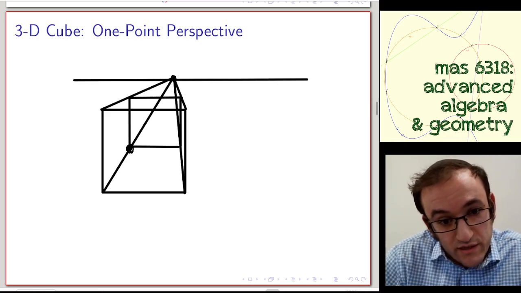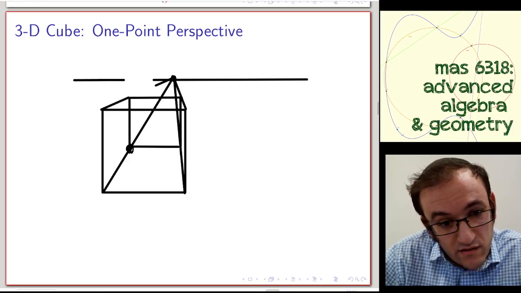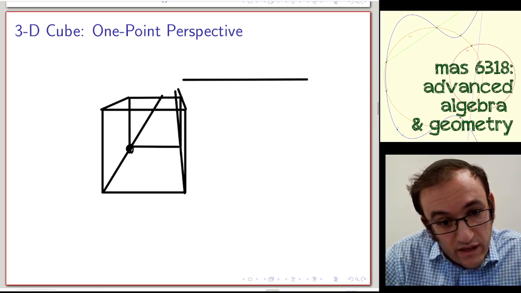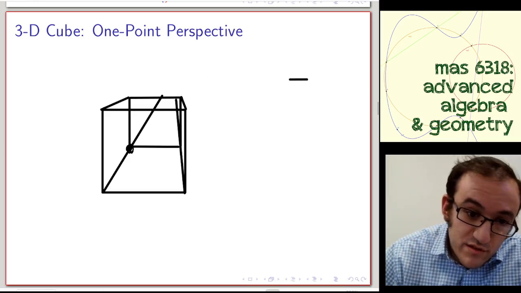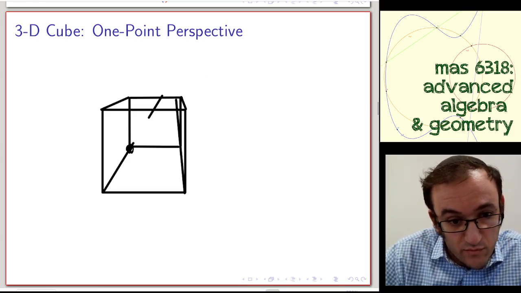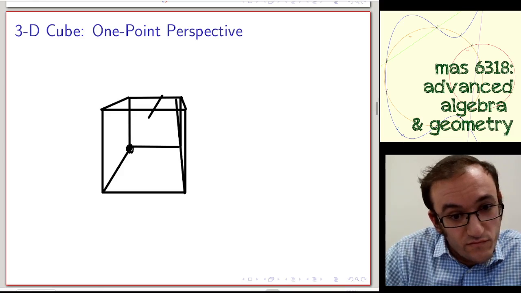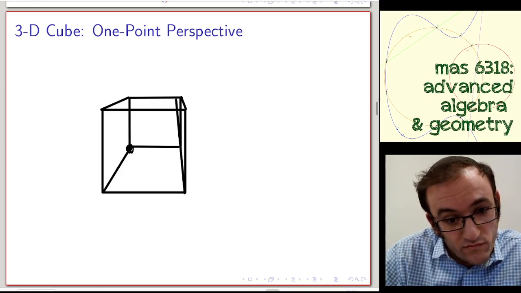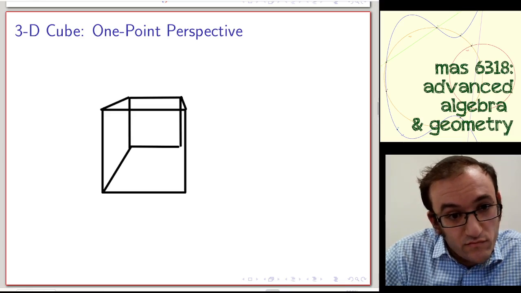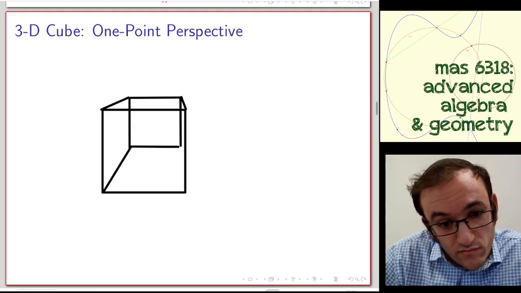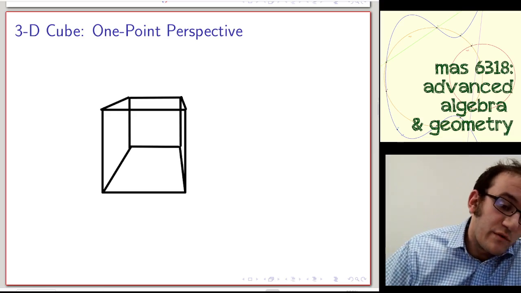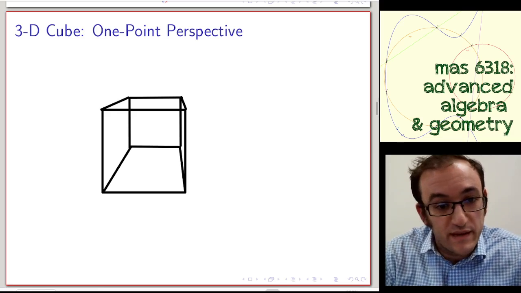And after doing some erasing, we have a lovely cube in perspective from 1 point. Okay, that's an example of a cube in perspective.